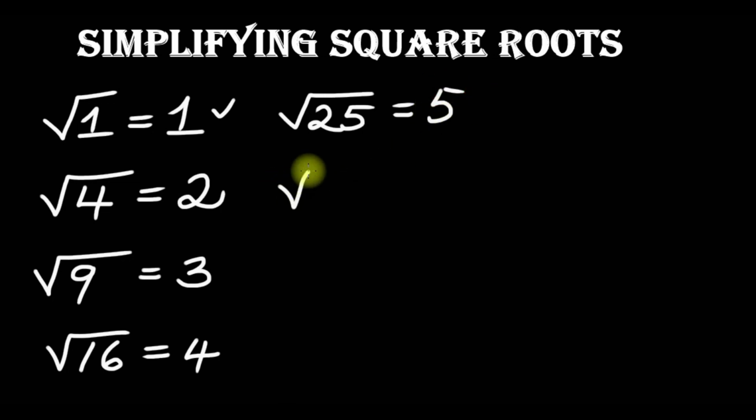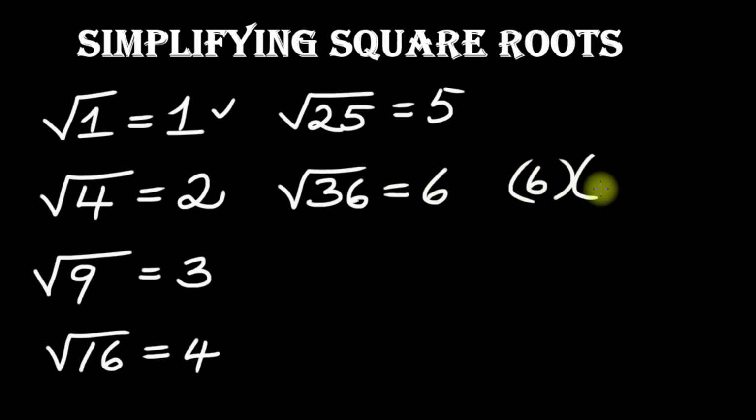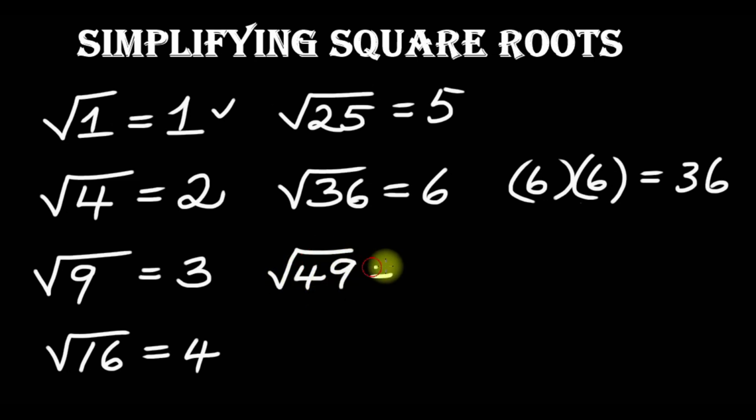And the square root of 36 is going to be 6 because 6 times 6 is 36. Okay, and then the next one is the square root of 49, and that's going to be 7. Then it goes to 64, then the square root of 81, and then the square root of 100, and that's going to be 10.